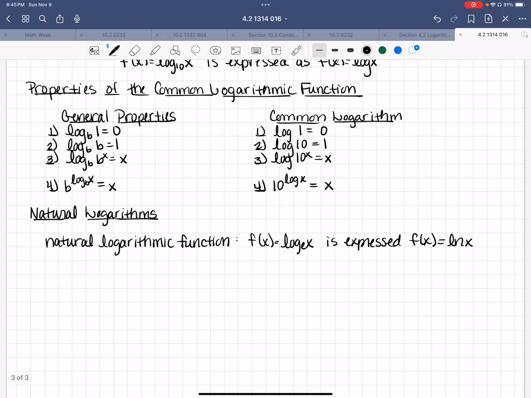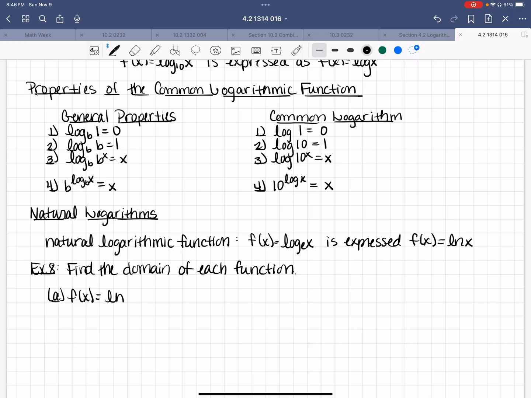Example 8 says we want to find the domain of each function. And A is f of x equals natural log of 4 minus x. Okay.